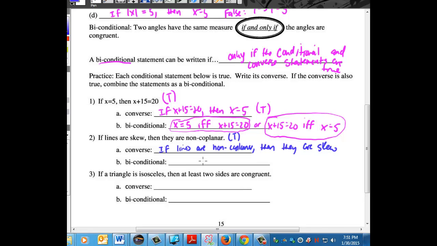So we have to determine if this is true or false. If lines are non-coplanar, then they are skewed. Yes, this is always going to be true. So our biconditional is going to say lines are skewed if and only if they are non-coplanar.